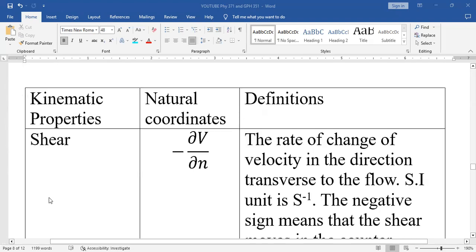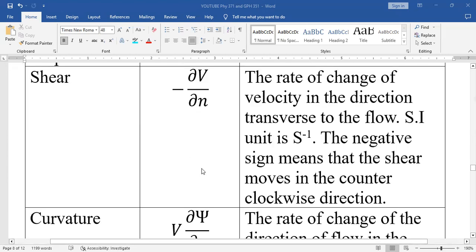The first one is shear. In natural coordinates it is defined as dv over the dn. So the shear there is simply defined as the rate of change of velocity in the direction transverse to the flow.